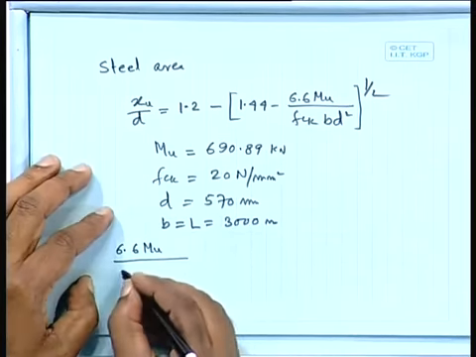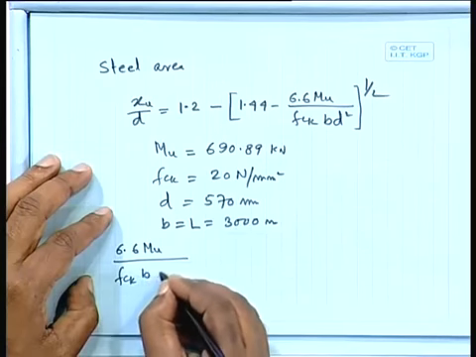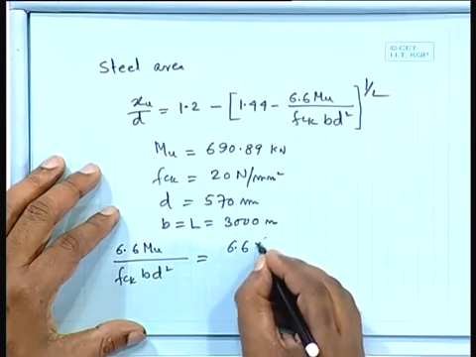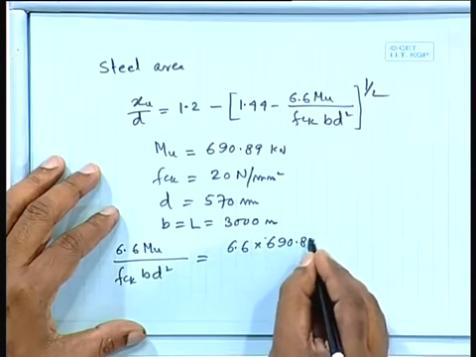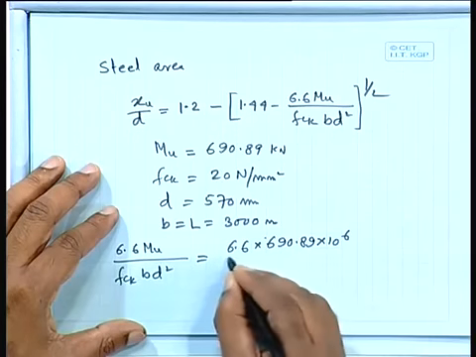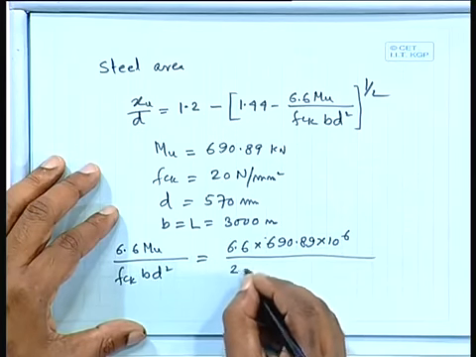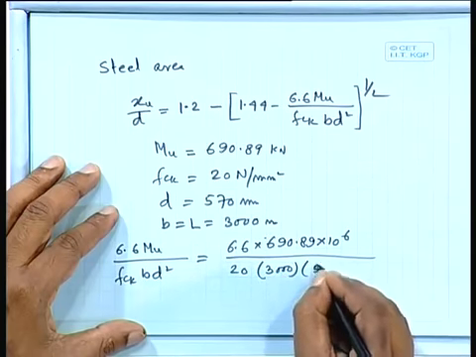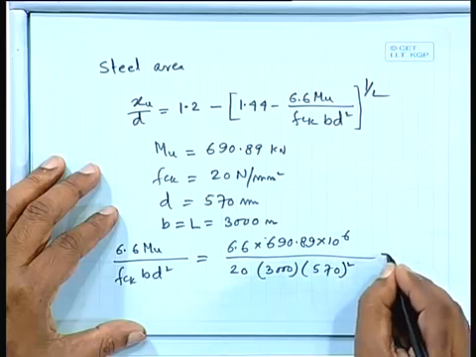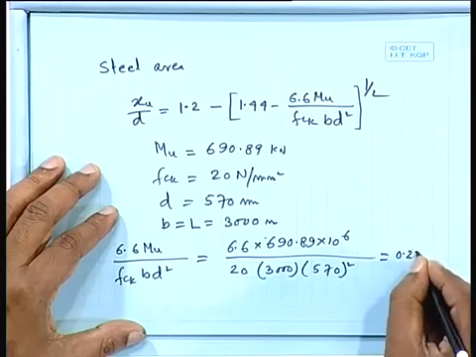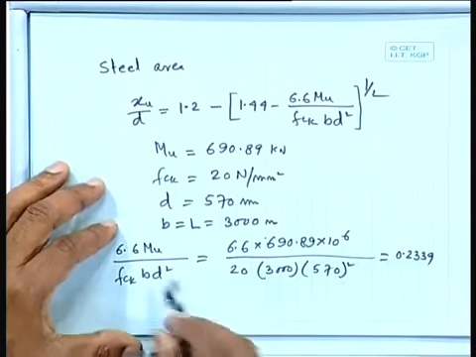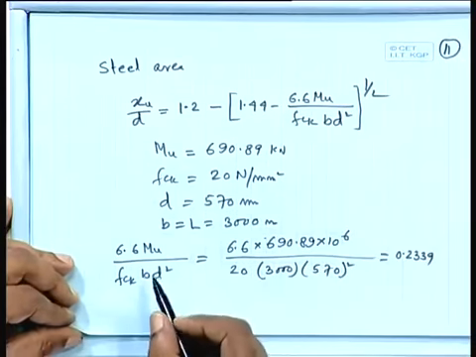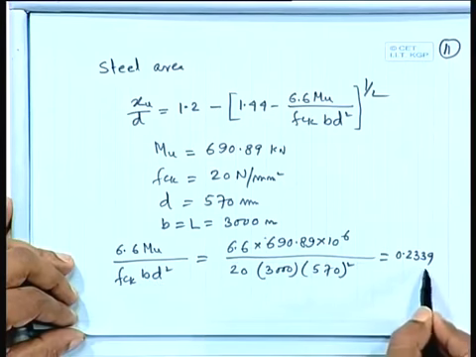Let us break 6.6 Mu by FCK BD square separately: 6.6 times 690.89 into 10 to the power 6 divided by 20 times 3000 times 570 square equals 0.2339.